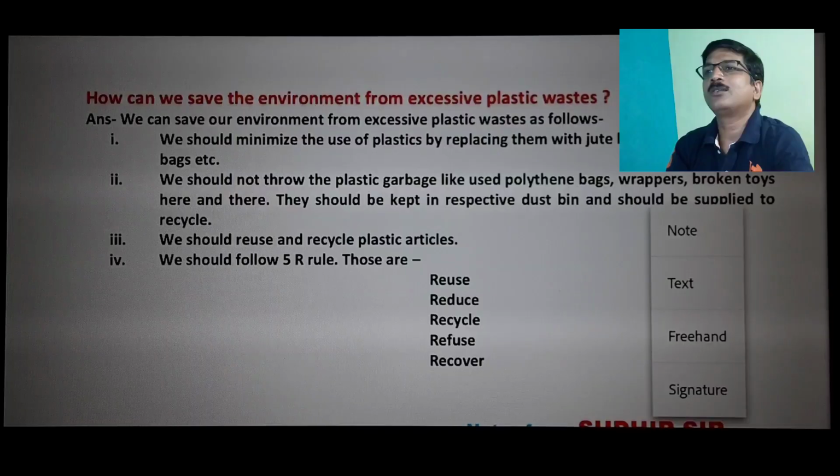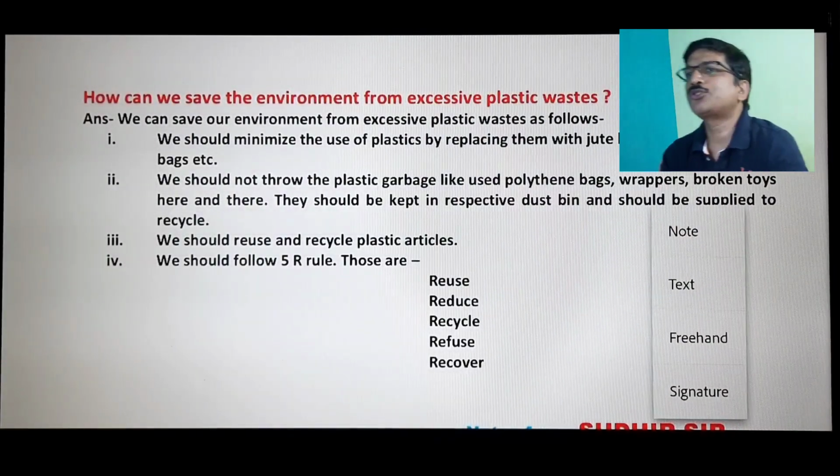We can save our environment from excessive plastic waste by minimizing the use of plastic, by reducing the use of plastic. We have to refuse the use of plastic. So what are those?